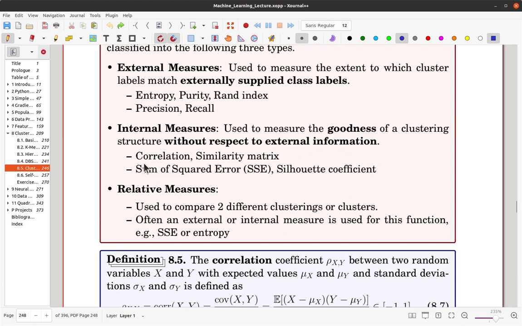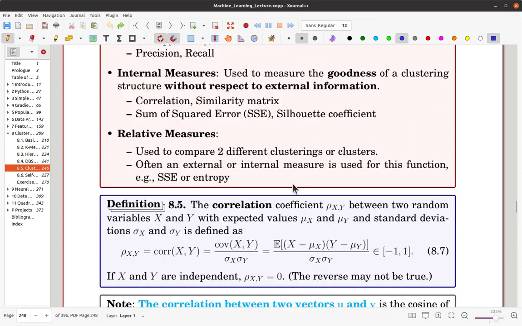Examples are correlation, similarity metric, sum of squared error SSE, and silhouette coefficient. And we'll go through these examples. Now also, you may use relative measures. They are used to compare two different clusterings or clusters. And often an external or internal measure is used for this relative measure. For example, SSE or entropy can be used.